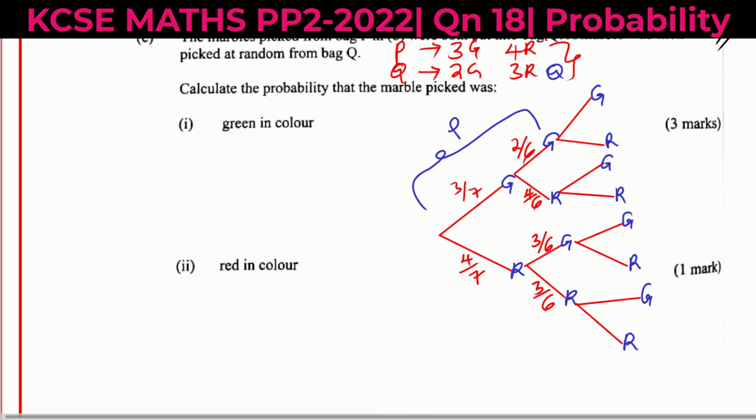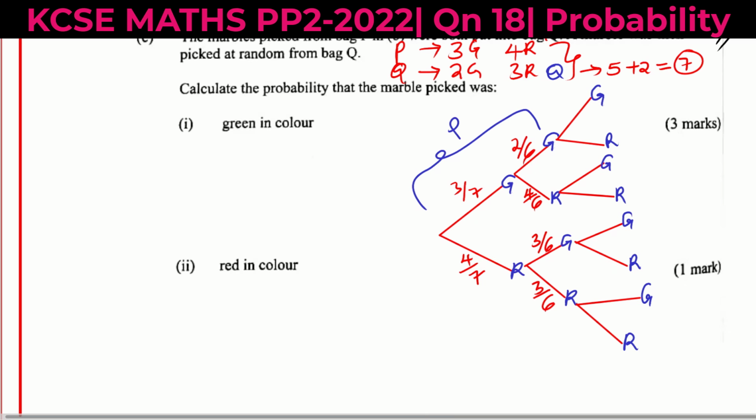What will be the total number of marbles in bag Q? It will be 2 marbles from P plus the marbles in Q. The marbles in Q in total, 2 greens and 3 reds, are 5 marbles. Then the 2 marbles that will be brought from bag P, 2 marbles only. So in bag Q, we shall have a total of 7 marbles.